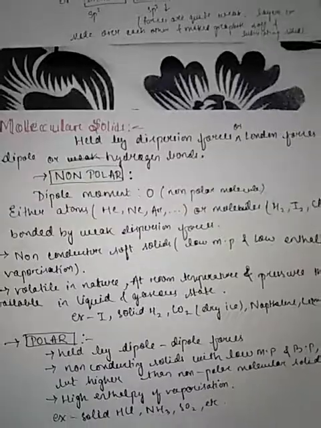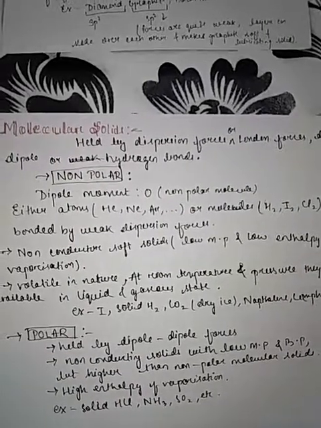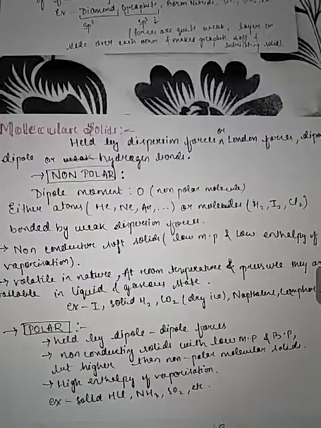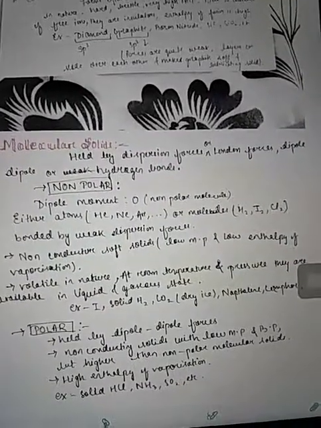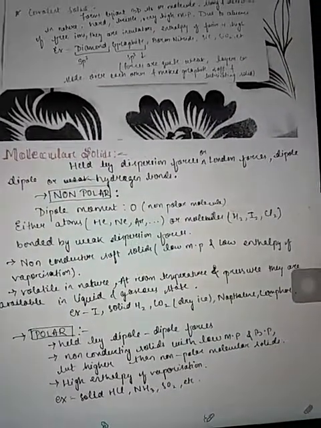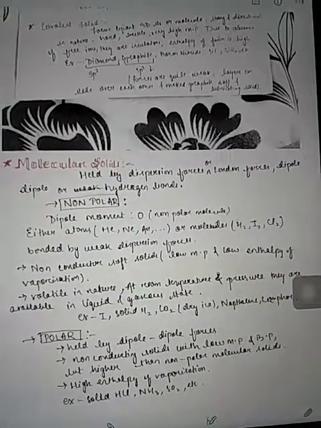Either atoms like helium, neon, argon, or molecules like H2, I2, Cl2, bonded by weak dispersion forces. They are non-conductor soft solids having low melting point and low enthalpy of vaporization. Molecular solids are volatile in nature; at room temperature and pressure, they are available in liquid and gaseous state.